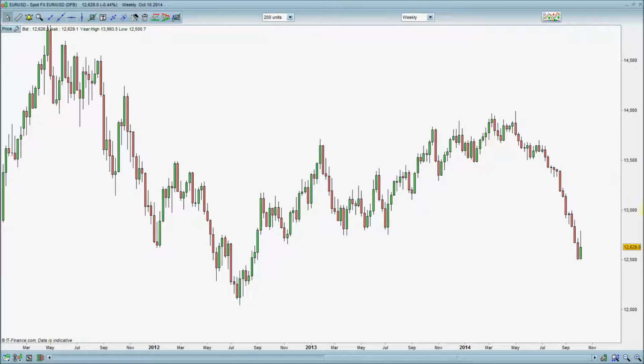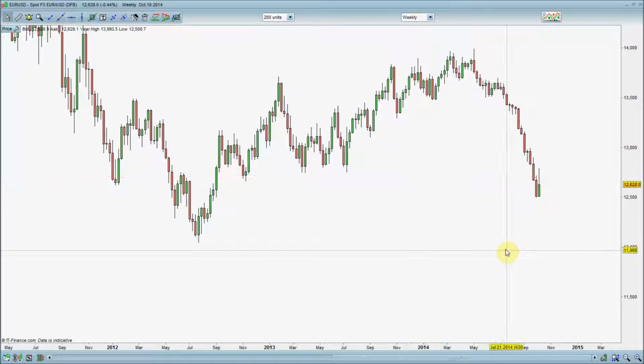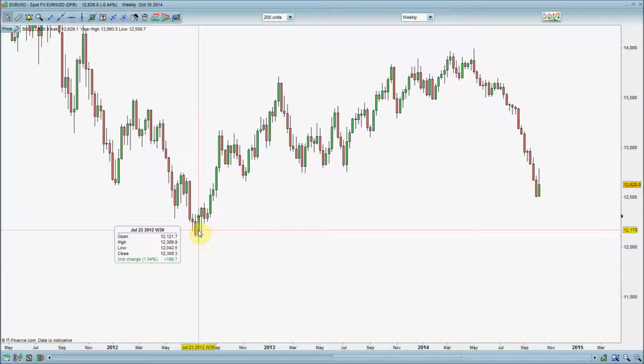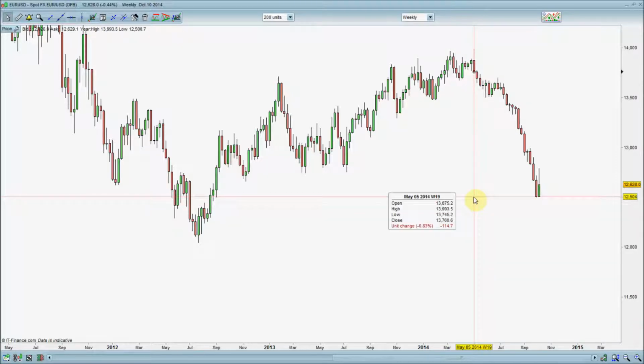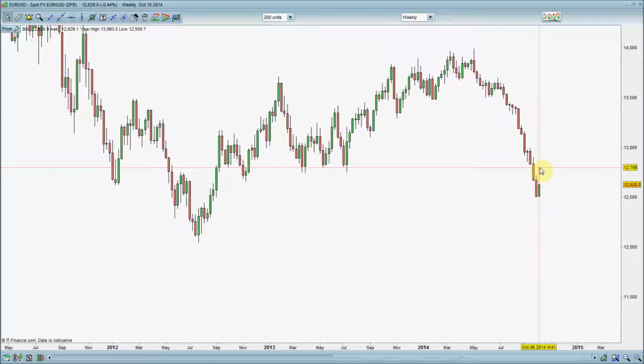Okay, so we are looking for this euro to fall further, and I am looking at a target price of around about 121. You can see where this low is back in July 2012. I do expect that target to be achieved over the coming months, but obviously this 12500 level is going to cause us a few problems, and you can see there the bounce of nearly 300 pips.